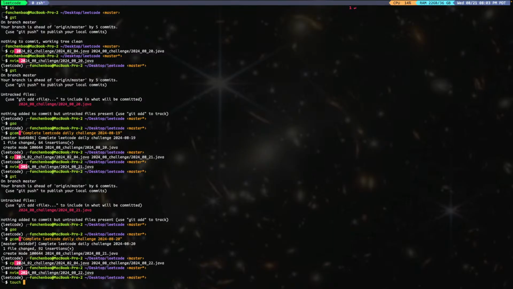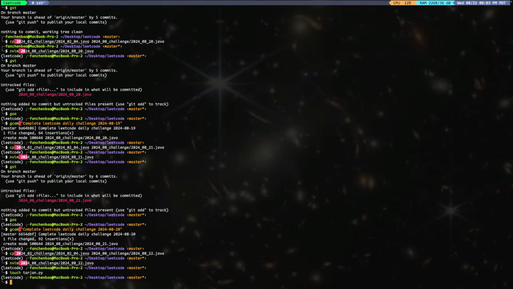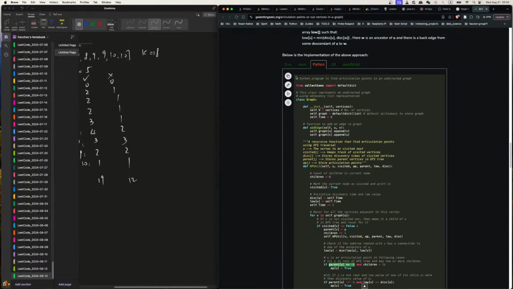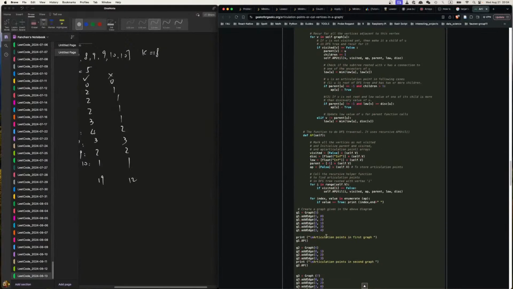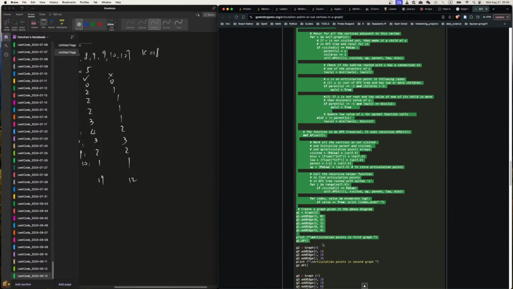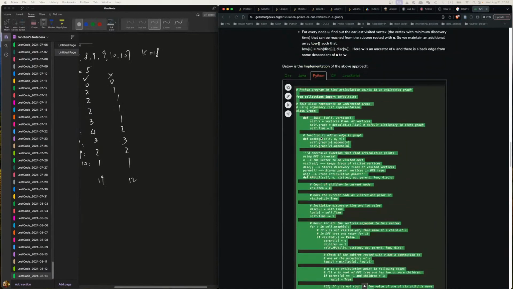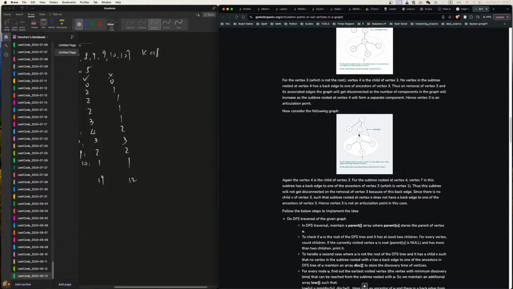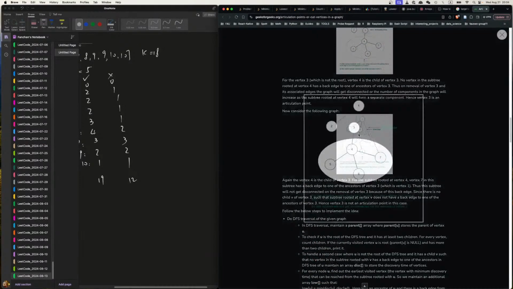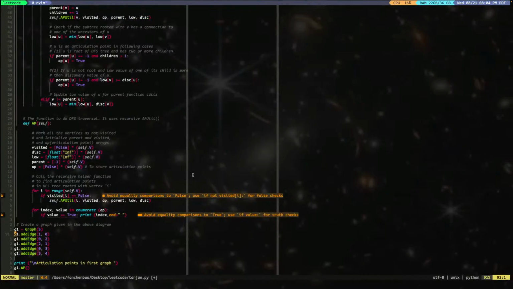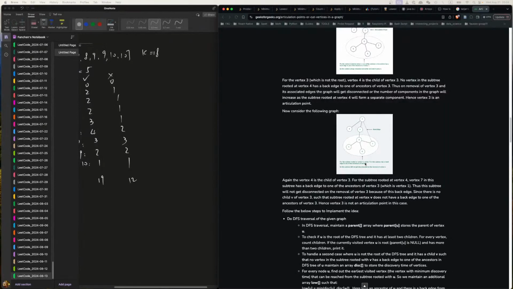Let's say tarjan.py, okay, and then we just copy the whole thing, but of course we change some stuff. I want this. How do I implement this? Add edge.